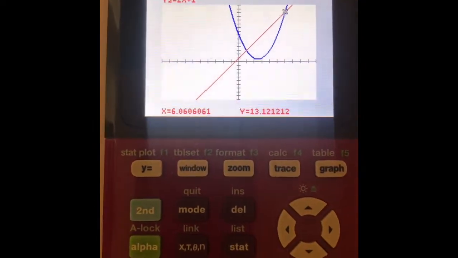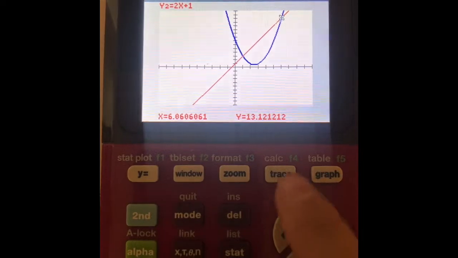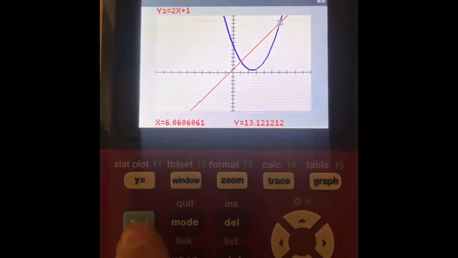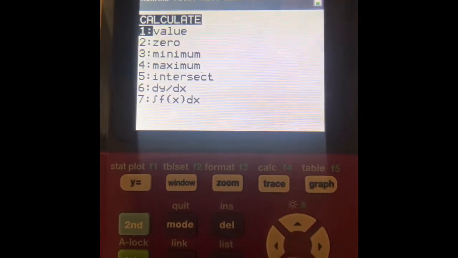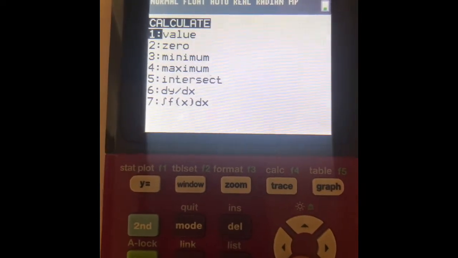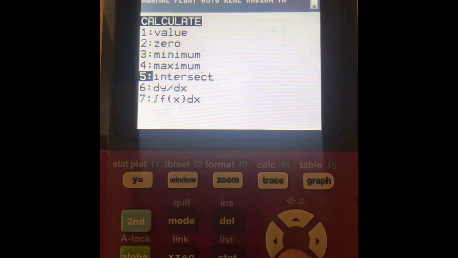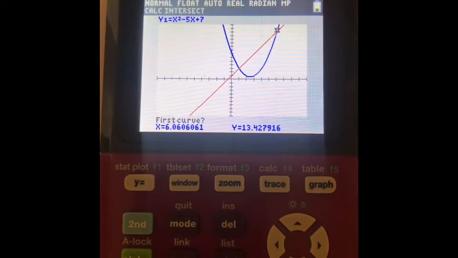So there is a way to get an exact value, and you're going to do that by using the calculate button. So to do that, you go to second, and then you're going to click trace, which is calculate, and then you can scroll down to intersect, or you could actually just push the number 5. Okay, select that.